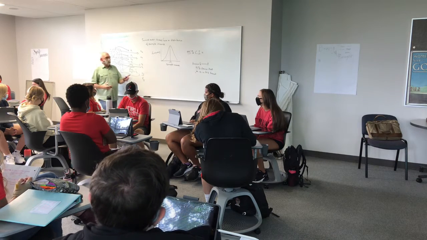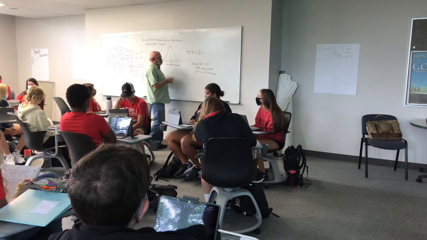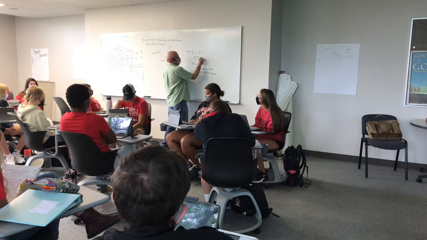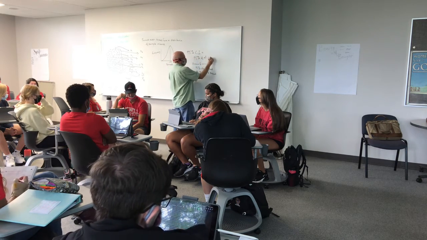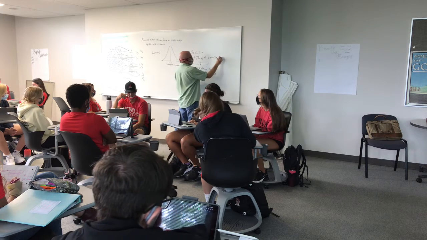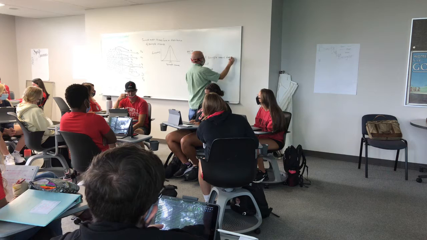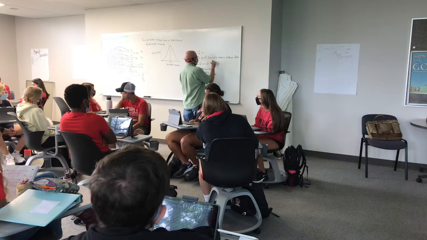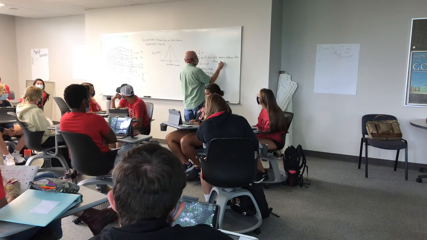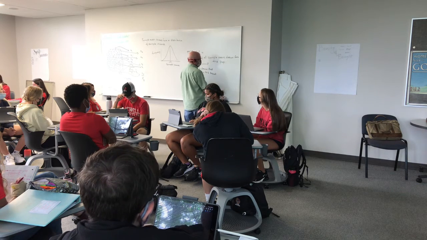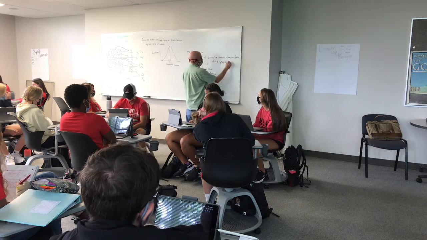So a different way of thinking about the 95% confidence interval is that 95% of all sample means drawn from this population. I cannot spell today for whatever reason. Okay, it's like every day.